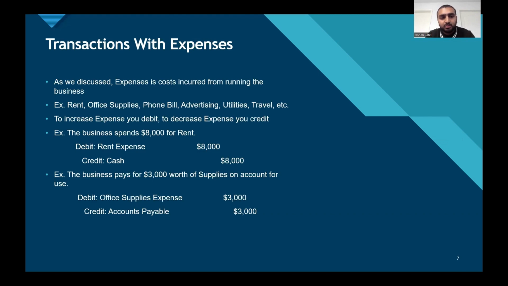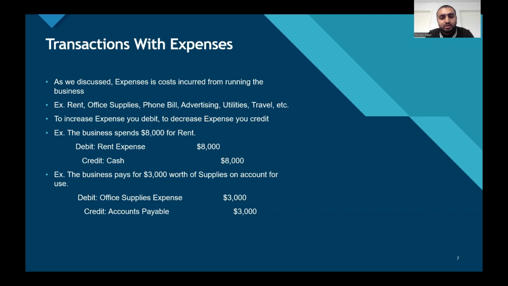Next example, the business pays for $3,000 worth of office supplies on account for use. So now we are debiting office supplies expense for $3,000, right? We're recording an expense. Obviously, office supplies are coming into the business, but the moment they do, they are immediately consumed.